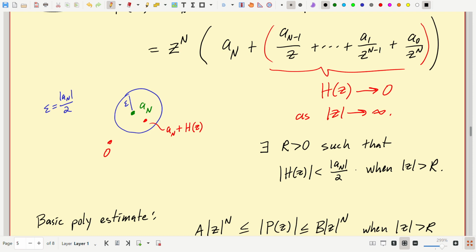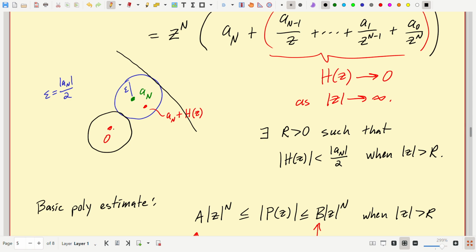My a_n plus h of z is stuck between this smaller circle here and this bigger circle here. That's where I get the a_n over 2 as the smaller bound, and the 3a_n over 2 as the bigger bound. So this radius is my capital A, and this radius is my capital B.